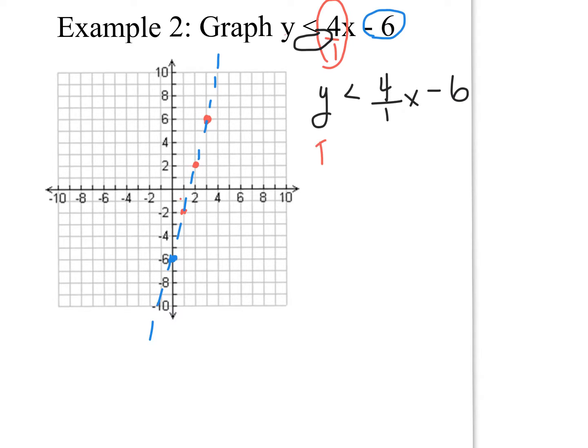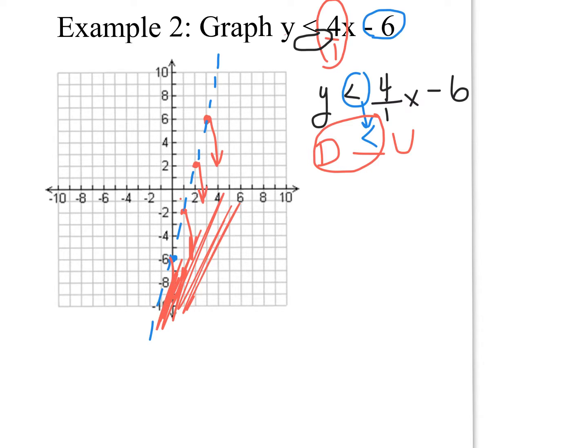I'm going to put "duh" underneath this. Based on the inequality, notice the arrow is pointing downwards. So from my ordered points, I'm going to shade downwards. From my points, draw straight lines down to show which side of the line we're going to shade. So we're just going to color this side all in.